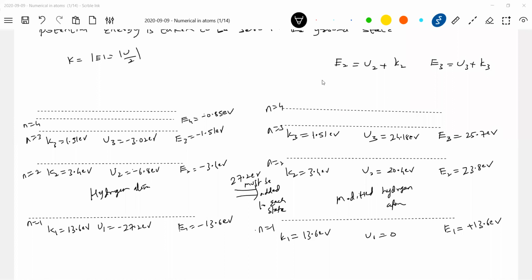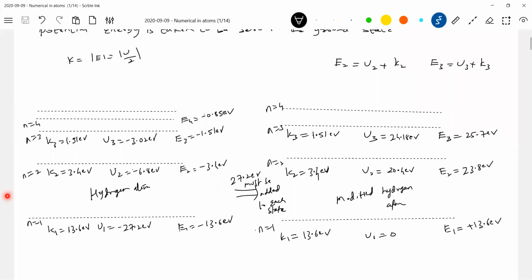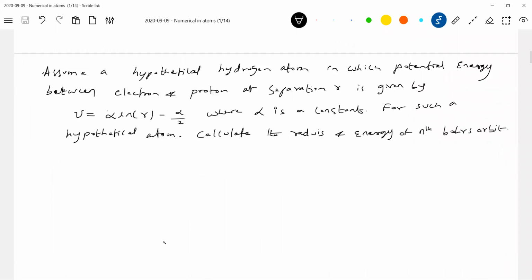Sir, I want to make the potential energy zero in the first excited state. Then you add 6.8 to each state. So in whichever state you want to make the potential energy zero, that much energy should be added. This is the method. Got it? Okay, now it's a hypothetical atom.